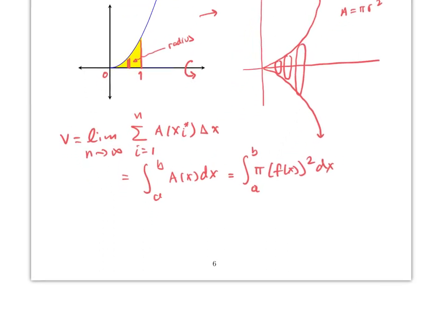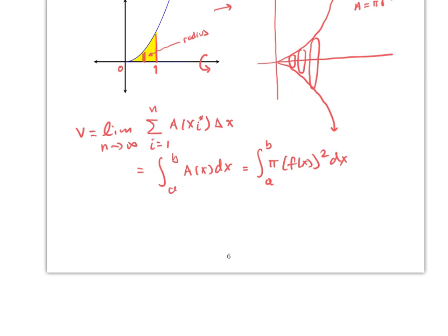Now in this particular example, this will be the area from 0 to 1, because we're only going from 0 to 1, of pi times x squared, quantity squared. So the radius is x squared, so it should be squared. Therefore, you can take pi out.